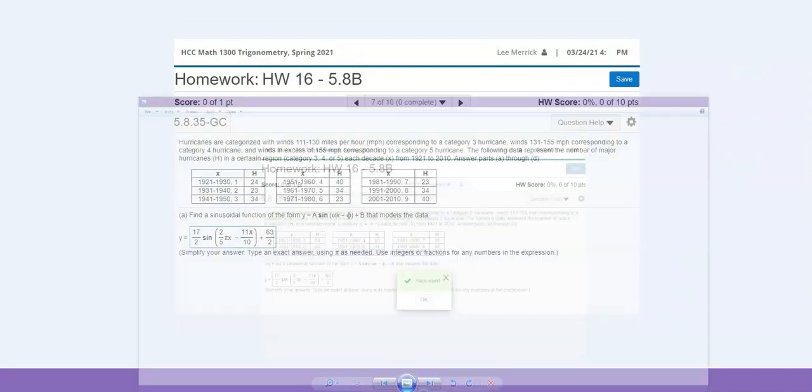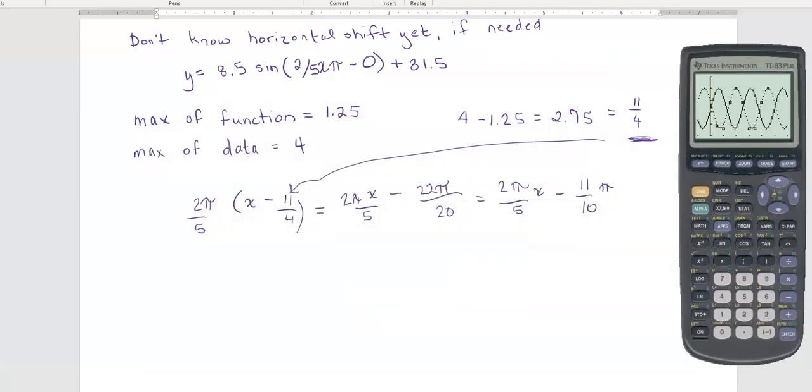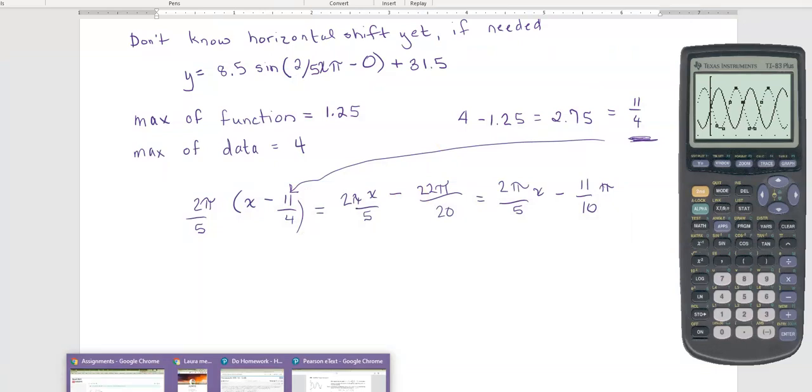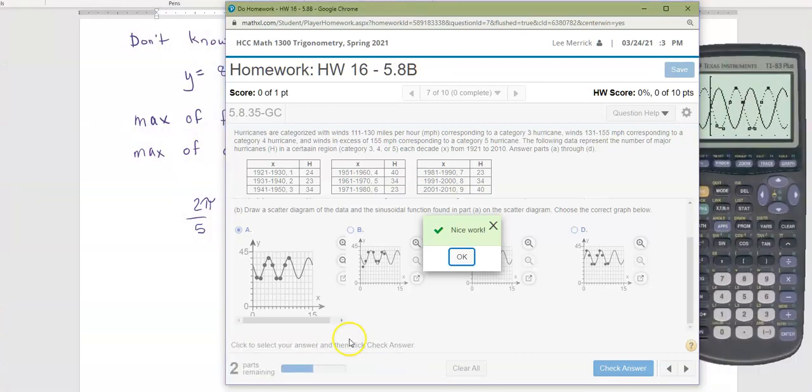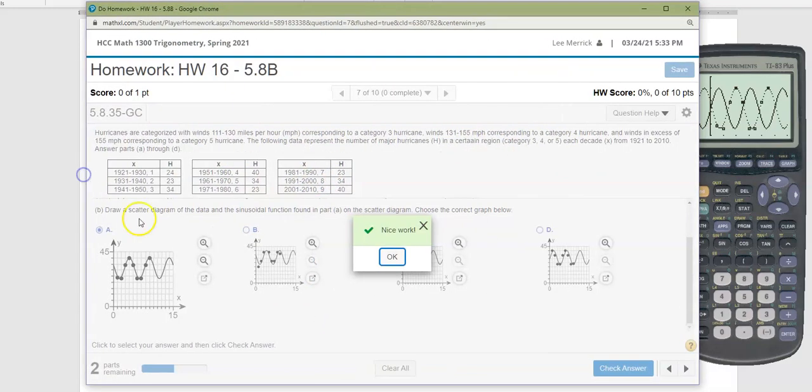And then let's take a look here. They wanted the graph as well. They wanted us to check the graphs. Here, I want to point out that there are little magnifying glasses, and you're able to make this bigger.